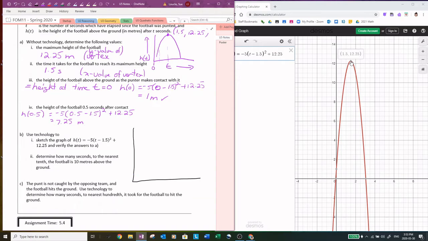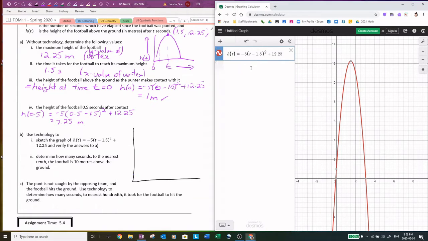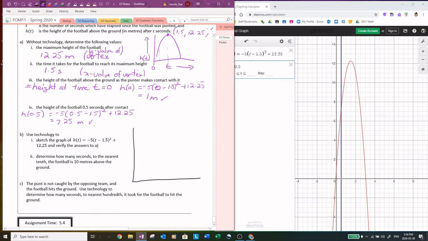And the height at 0.5 seconds. So what I can do is draw a line at x equals 0.5. I did minus again, didn't I? Okay. And where do those lines meet? At 0.5 seconds, it's 7.25 meters in the air. So this is correct over here. Yay.